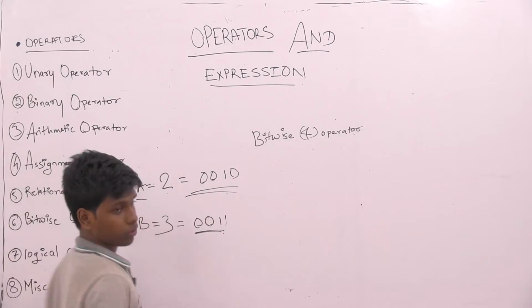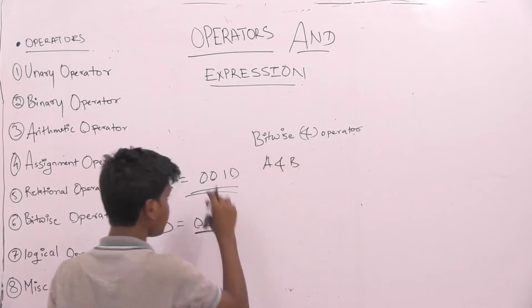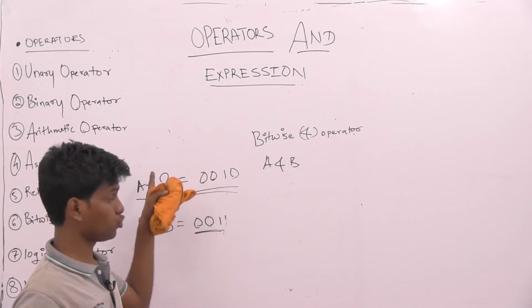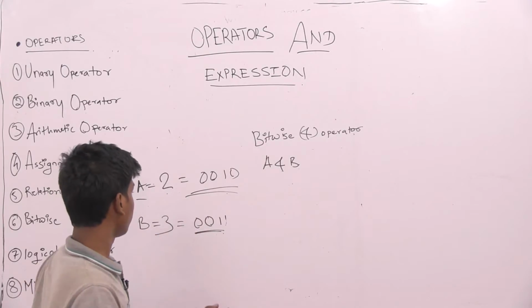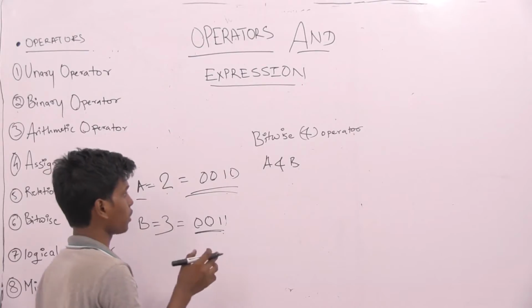So bitwise AND operator, that is A and B. As we have seen in the table, 0 0, 1 0, 1 0, so we'll see that actually in this example.